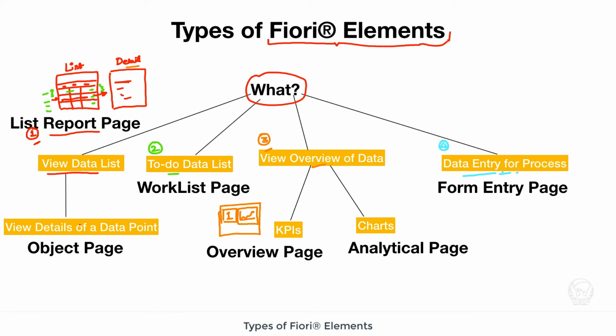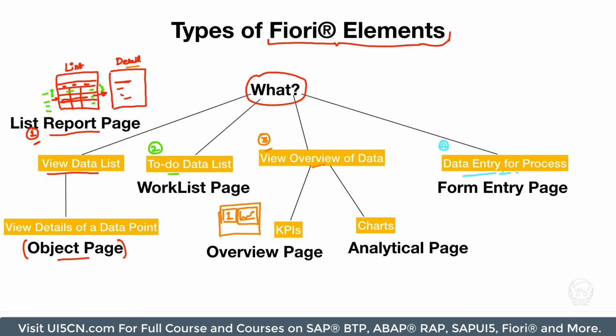And when you are also creating a detail view which highlights or provides extra information about a single row of the data, then those are called the Object Pages. So you will see in your Fiori Elements application that we have a list, and on clicking a single list item, you go to a detail page, which are called the Object Pages.